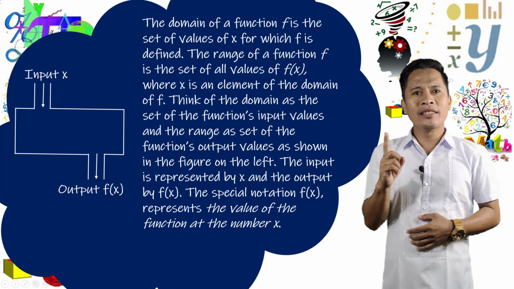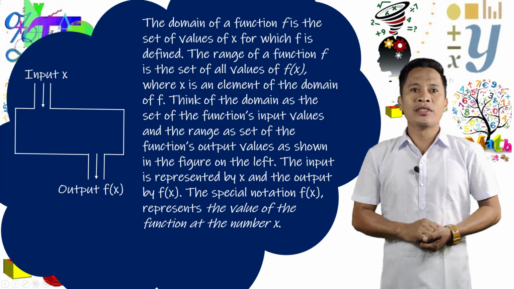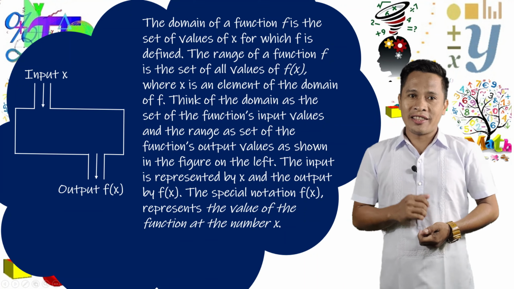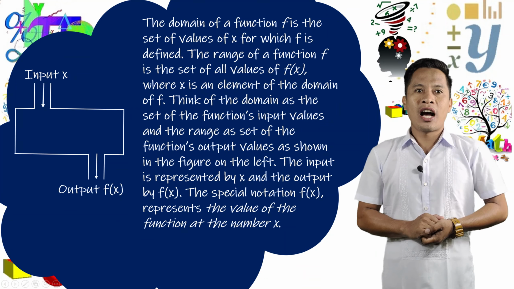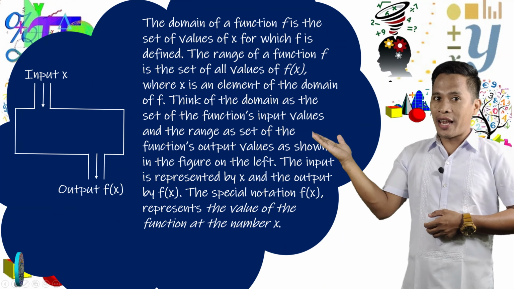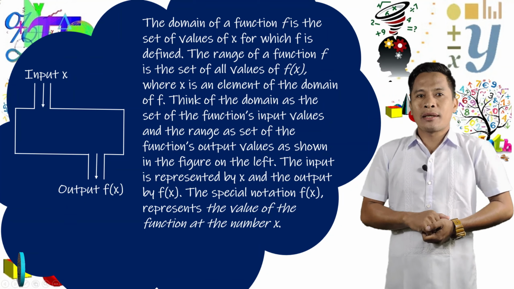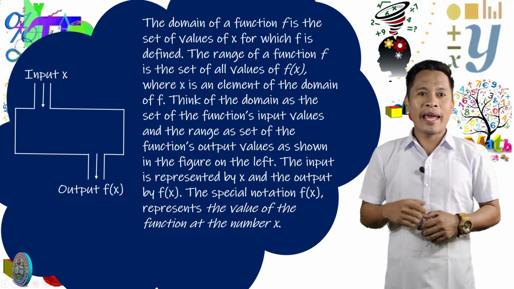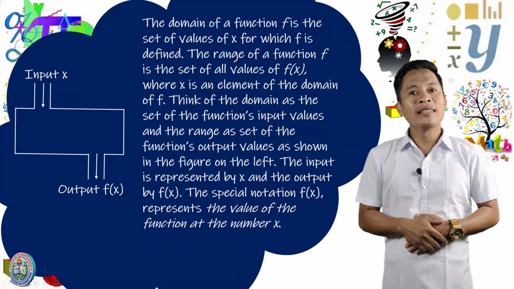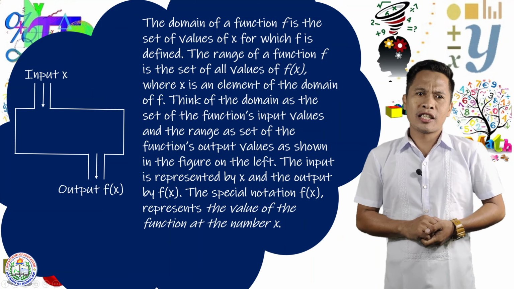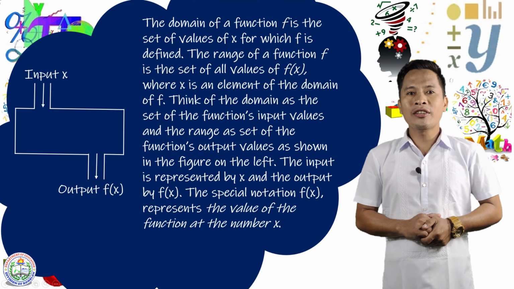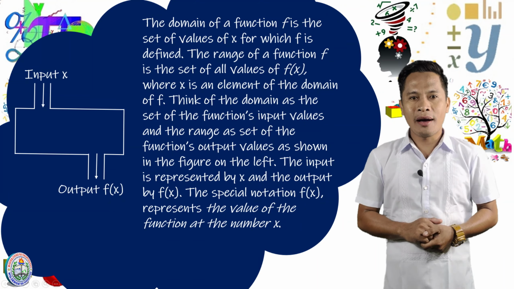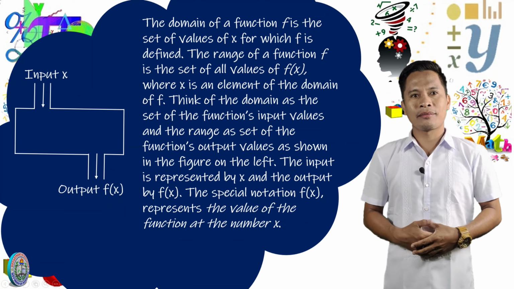Think of the domain as the set of the function's input values, and the range as the set of the function's output values, as shown in the figure on the left. The input is represented by x, and the output by f of x. The special notation f of x represents the value of the function at the number x.